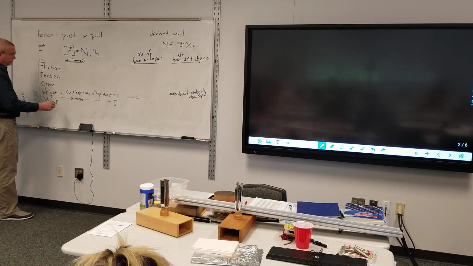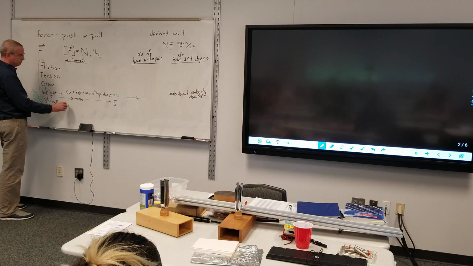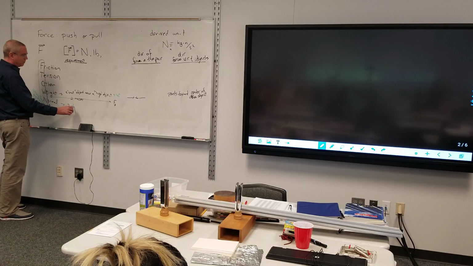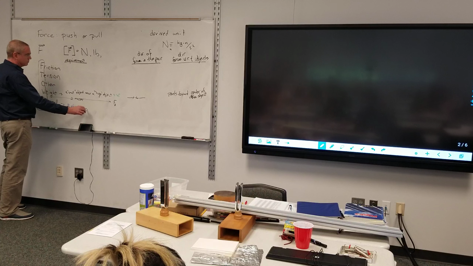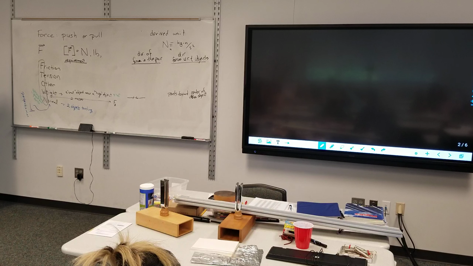What's required though, the requirement is I need two objects touching. There's a normal force between my feet and the ground, or the carpet. There's not a normal force between me and anyone else in here.